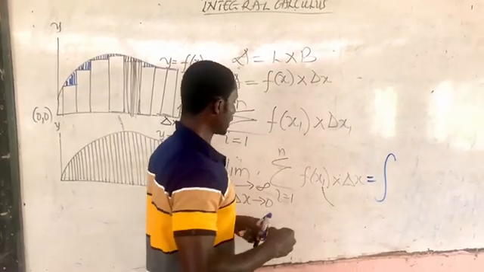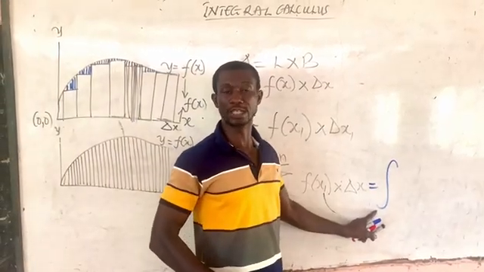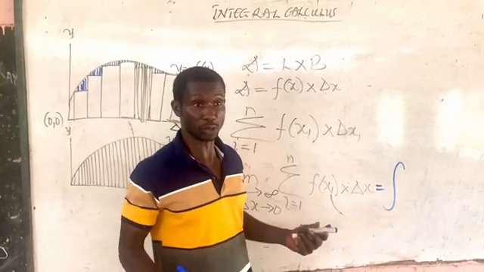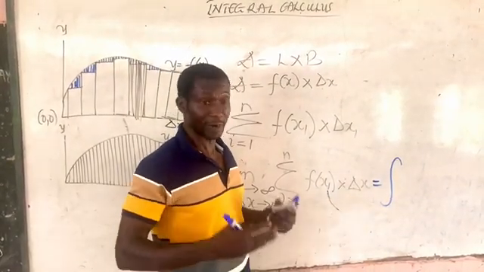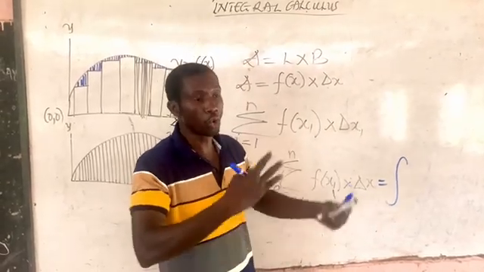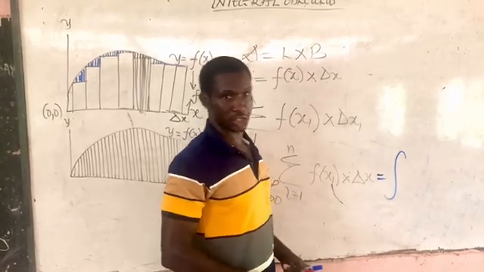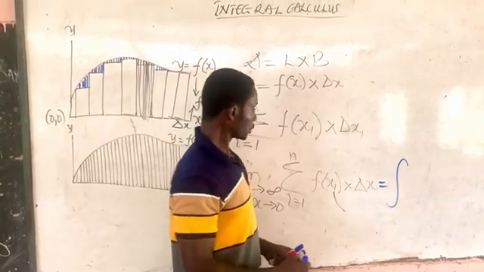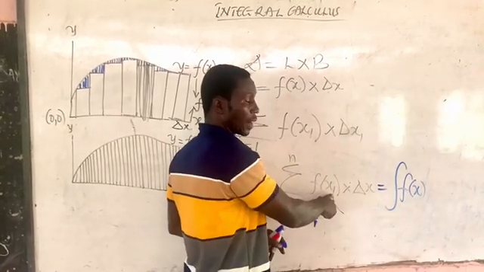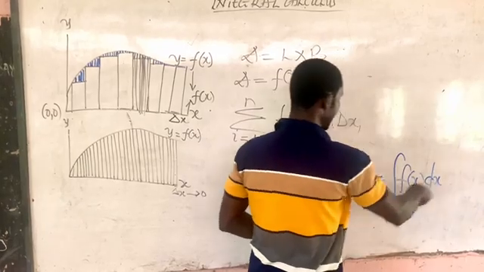an integral, because the sum is written as an integral, which is Leibniz notation, because calculus is credited to Leibniz and Isaac Newton. The two together brought calculus. In fact, it became a tussle as to who should be credited with calculus. But Leibniz brought this notation, which means summation of f of x, because we are not talking about a particular one, times delta x, dx.